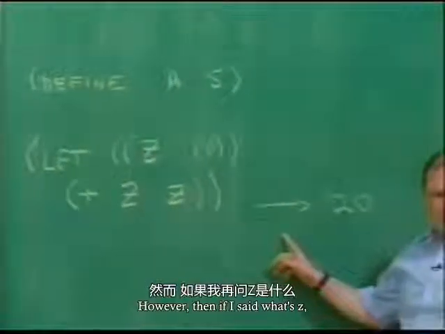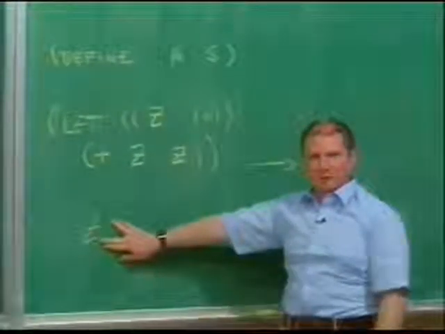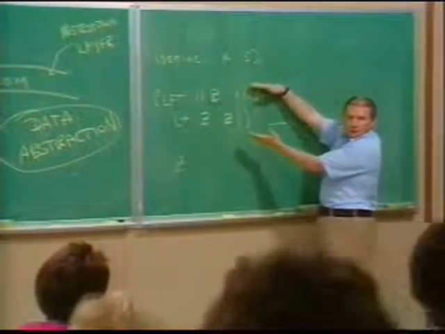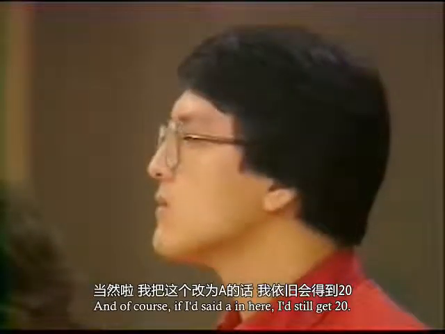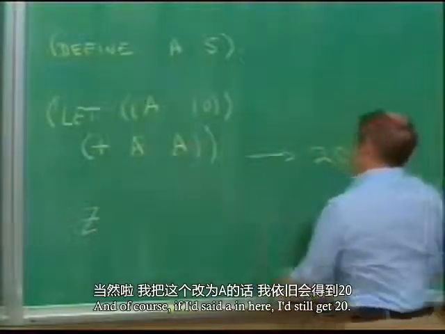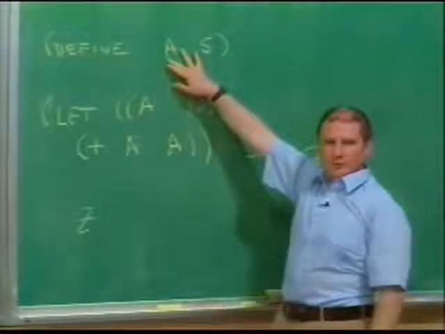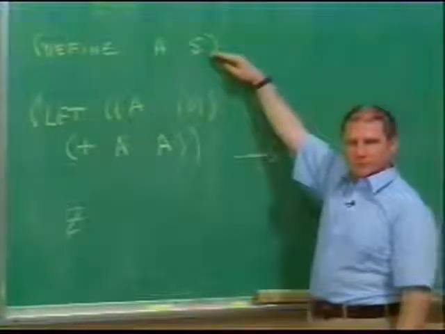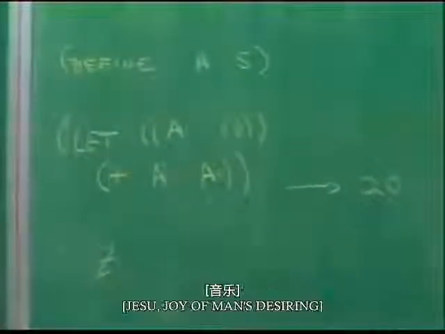However, then if I said what's Z, the computer would say that's an unbound variable. So let is a way of setting up a context where you can make definitions. But those definitions are local to this context. And of course, if I'd said A in here, I'd still get 20, but this A would not interfere at all with this one. So if I type this and then say what's A, it will still be 5. There are some other subtle differences between let and define, but that's the most important one.